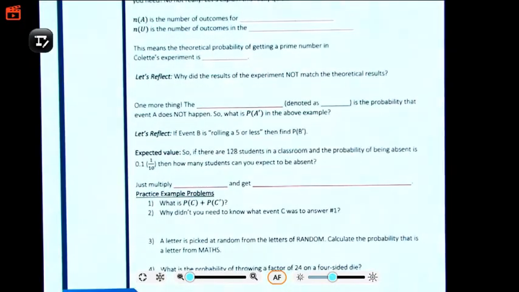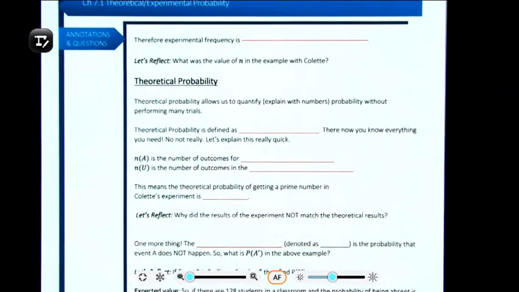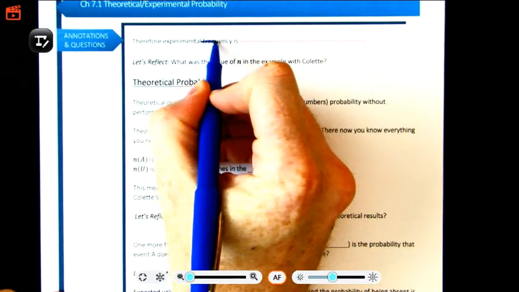Okay. So, slide up here. So, therefore, experimental frequency. I don't know why I wrote frequency. This is an error. I apologize. This is supposed to say probability.